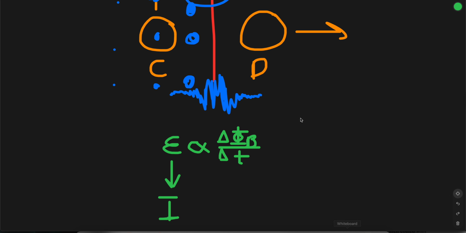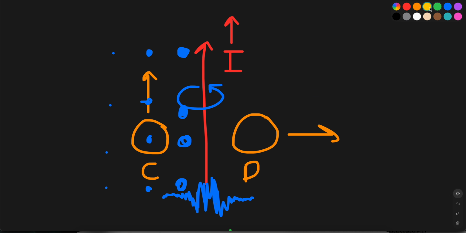But what about D? Well, for D, it's kind of the opposite case. If we use the right-hand rule, the magnetic field lines are going into the page, and I'll elaborate on the field strength here.